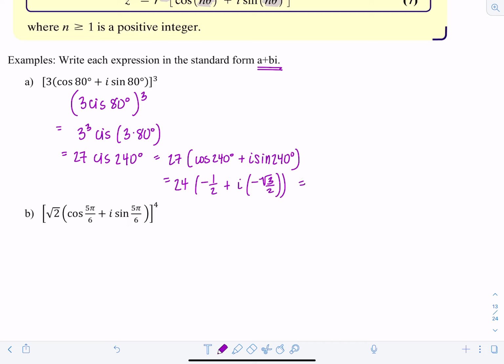So this is going to give us, once I distribute, oh, excuse me, that's a 27. Once I distribute that 27, we'll have negative 27 over 2 minus 27 rad 3 over 2 i. Okay, good. Let's look at another example.